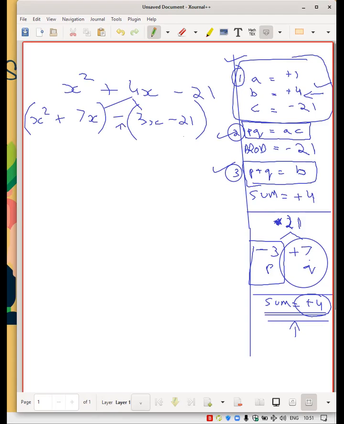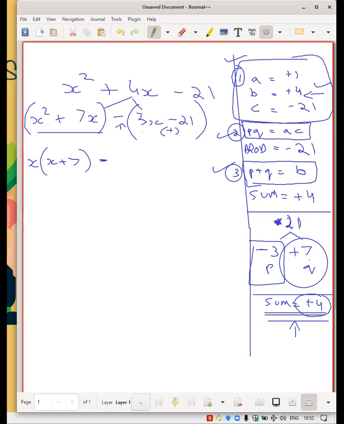We change the inside to? Yes, sir. Siddhant, tell me the factors of the first term. What is common in the first term? So x. Okay. Bracket open. What do we write inside? x plus 7. Perfect.